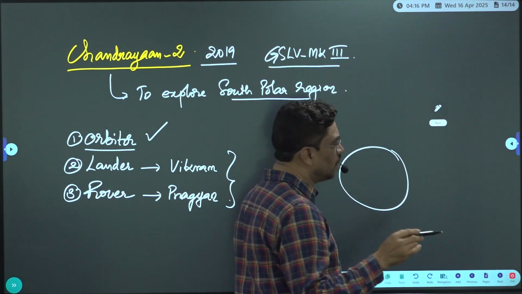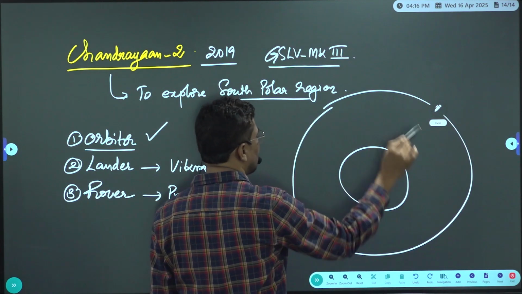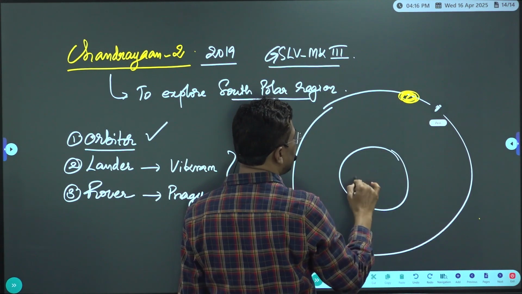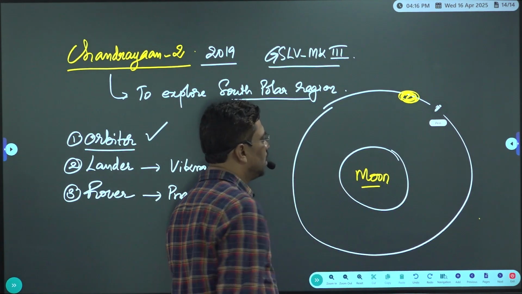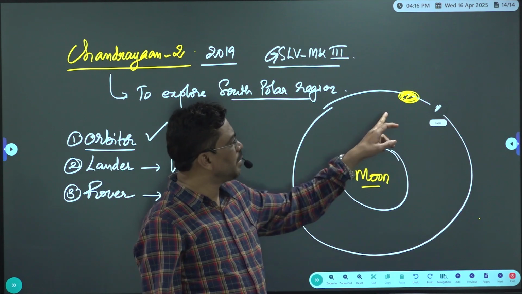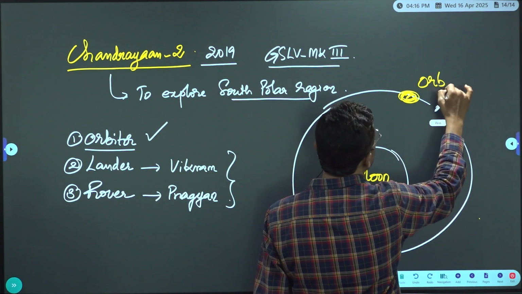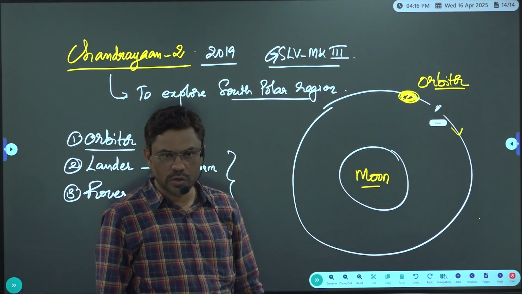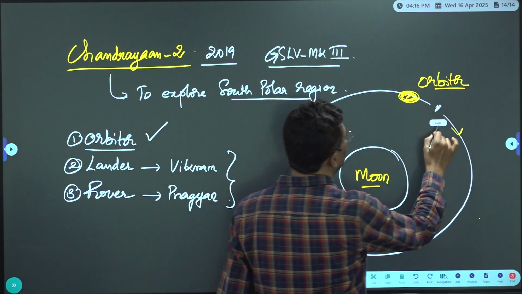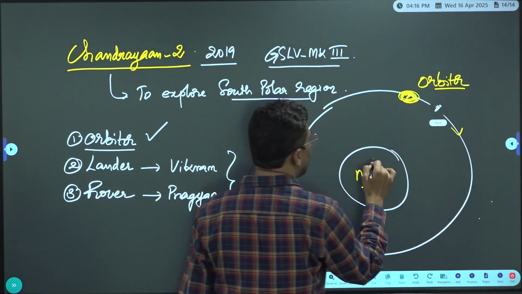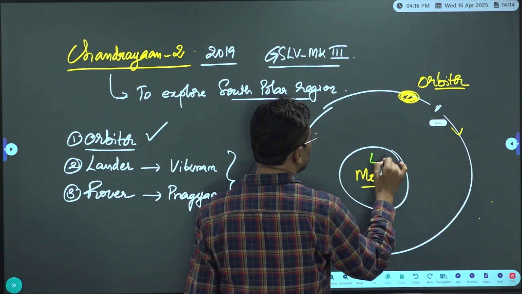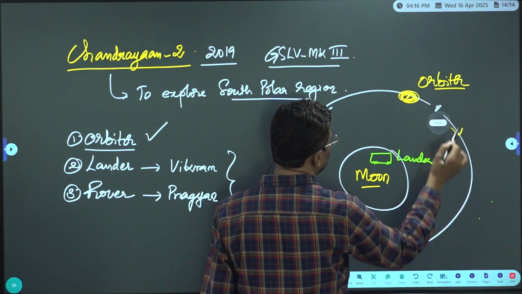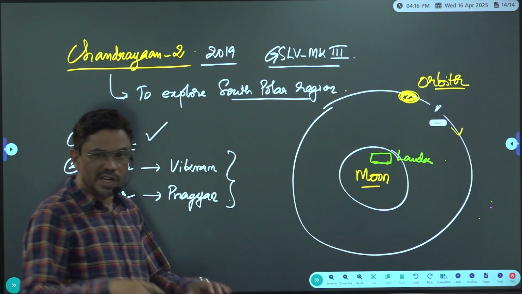Orbiter module means, suppose this is the moon and this is the moon's orbit. This orbiter module is orbiting around the moon. It is observing the moon. Whereas the lander module safely or softly lands on the surface of the moon.